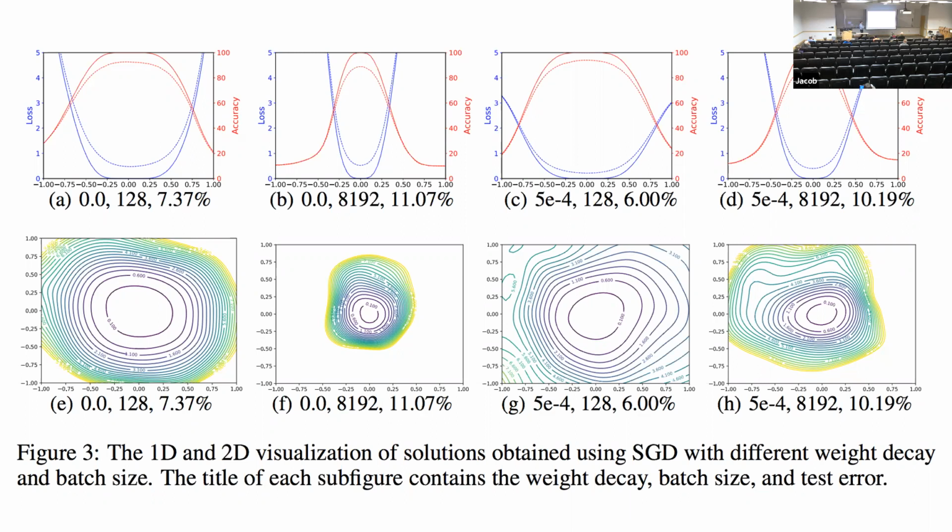Let's take a look at the second row. The second row is the same thing, the same networks, but just 2D loss visualizations. Just to calibrate what we're looking at here, these are contour maps where lines that are closer together mean that it's steeper, and lines that are spread farther apart mean that it's flatter. So out of these four, which are the steepest? F and H, exactly.